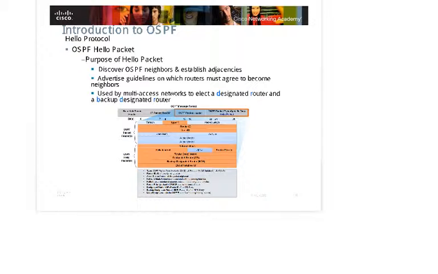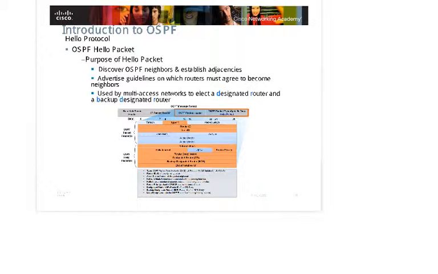In EIGRP, we agree only on the autonomous system number, or what we have called the process ID. They have to agree that the process ID is the same and the routing protocol is the same, in which case they are neighbors. That's it. Here, we have to agree on certain information. We have to synchronize this information between us.